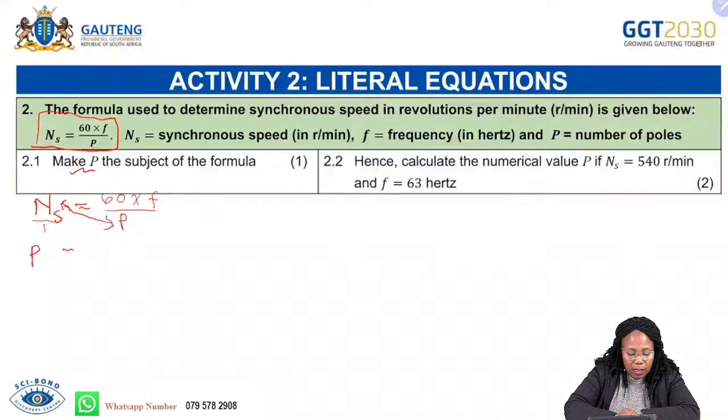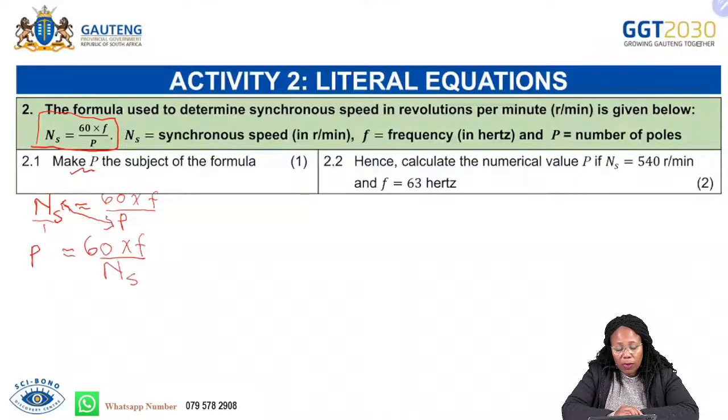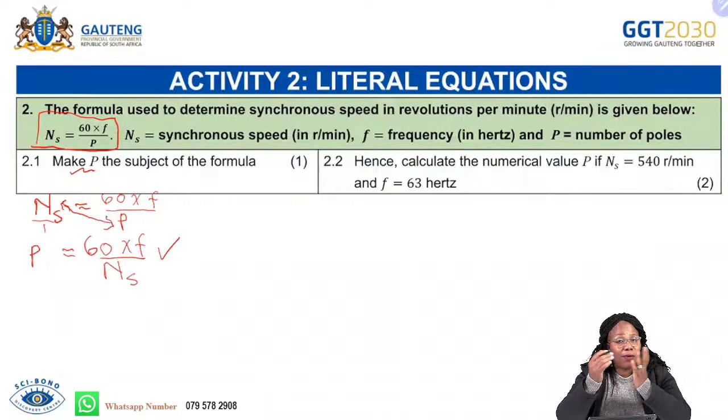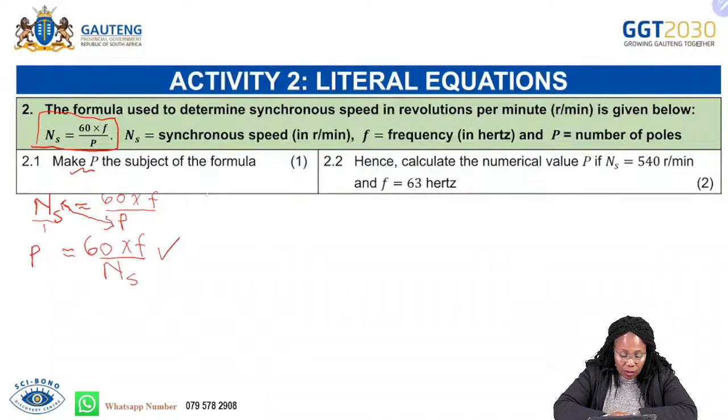So P will come to this side, and then on the right hand side, you'll have 60 times F over the synchronous speed. And then that is 1 mark for doing that, grade 12, because you only have to apply cross multiplication to get to the answer. And then now 2.2, hence.